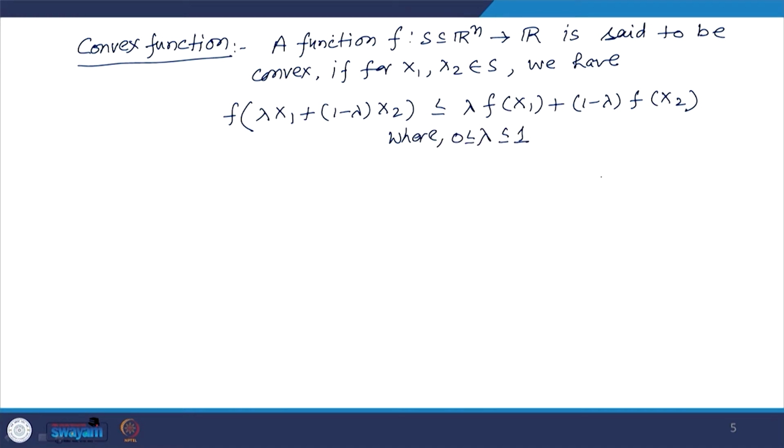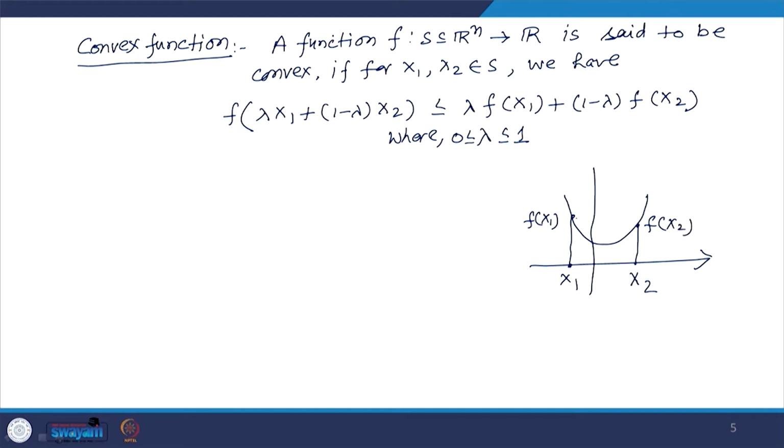So, geometrically what is it saying? Take a function like this. Let me call this point x1 and this point x2. Now, what is the right hand side? This point becomes f of x1 and this point is f of x2. The right hand side is the chord joining f of x1 and f of x2.